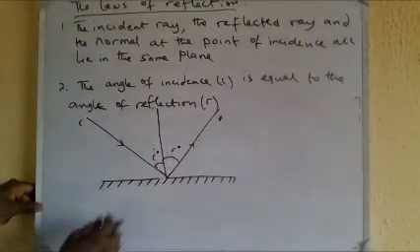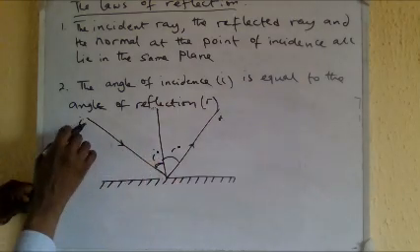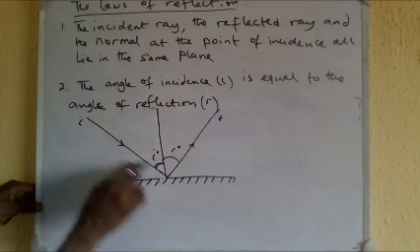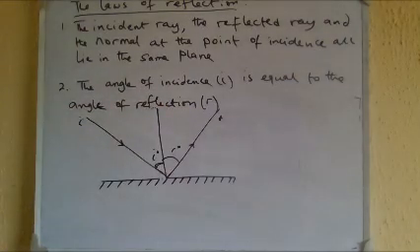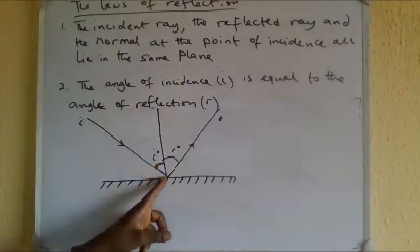The angle of incidence is the angle formed between the incident ray and the normal.